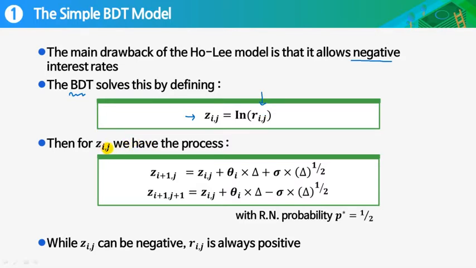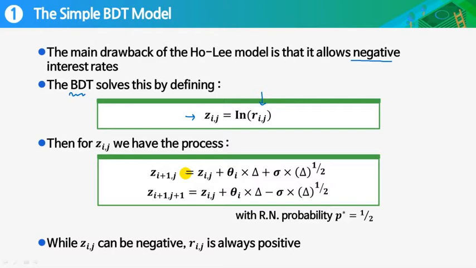Then for z_ij, everything else is exactly the same as the Ho-Lee model. We have the process such that z_(i+1,j) equals z_ij plus theta_i delta plus sigma root delta, and z_(i+1,j+1) is z_ij plus theta_i delta minus sigma root delta, and they have equal probability.